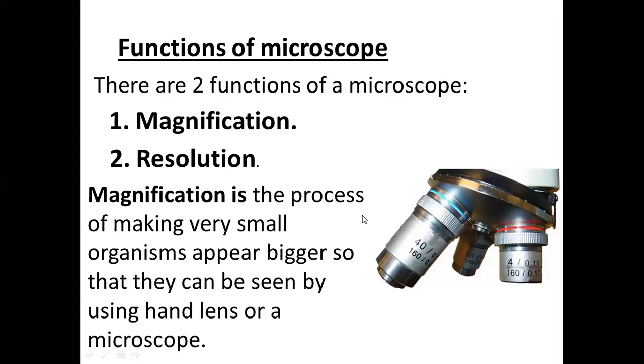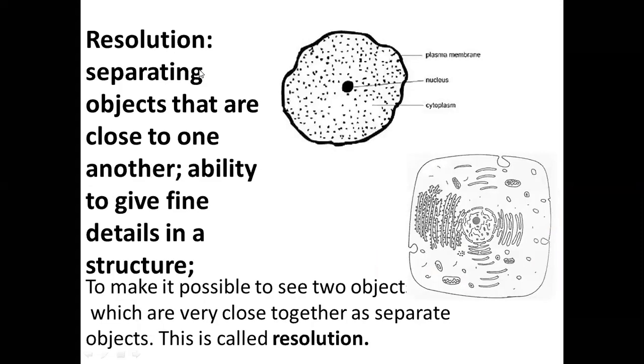Resolution is the process by which a microscope distinguishes two items which are very close as distinct entities. Quincy has tried to make it more clear. She has resolved, and what Quincy has done is to resolve, to make it clear. That's good. Thank you, Quincy. Amanda also tried.